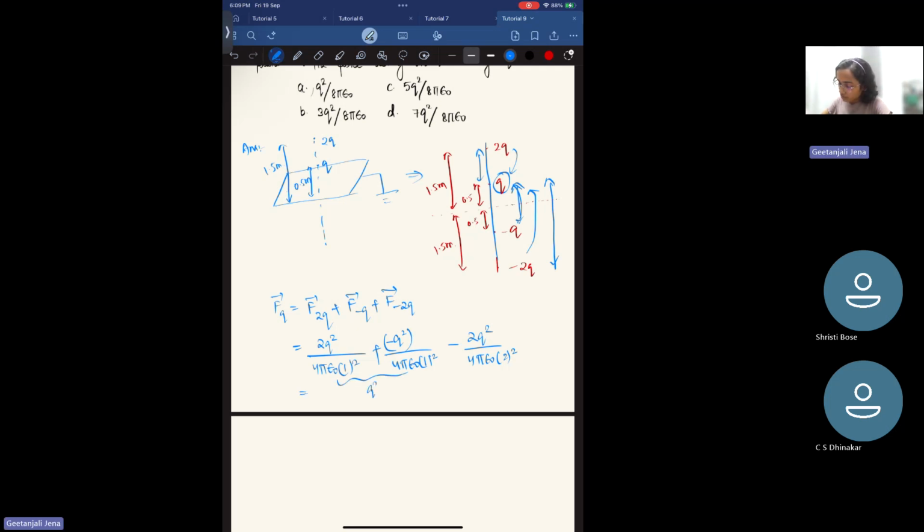This gives q square by 4 pi epsilon naught minus q square by 8 pi epsilon naught, which gives q square by 8 pi epsilon naught. So you are correct. The answer is option A.